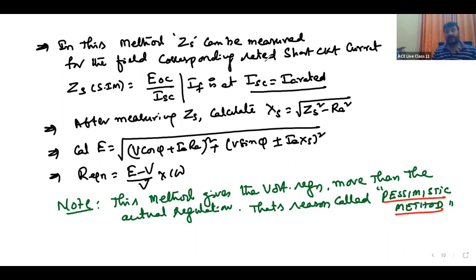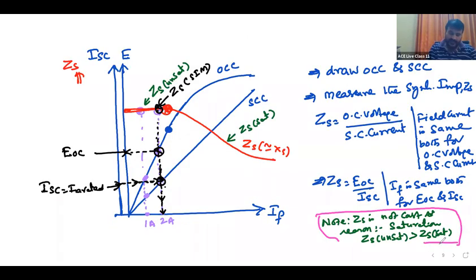Okay. Why is it giving more regulation? What is the reason? The reason is, in this method we have measured ZS corresponding to rated short circuit current, in the unsaturated portion.